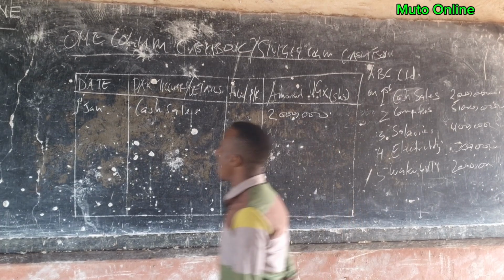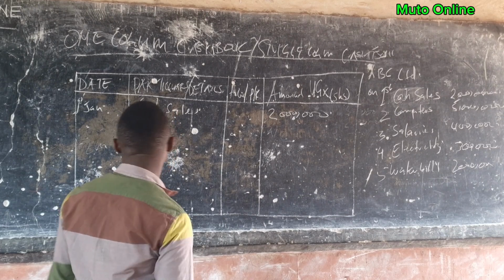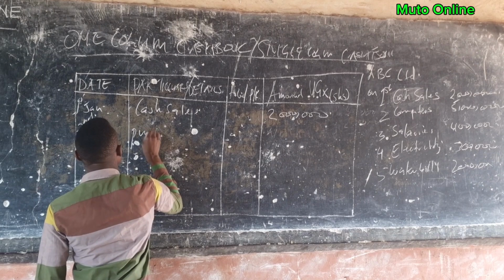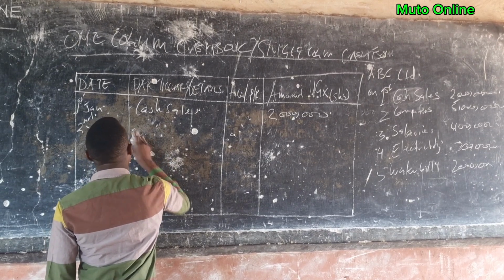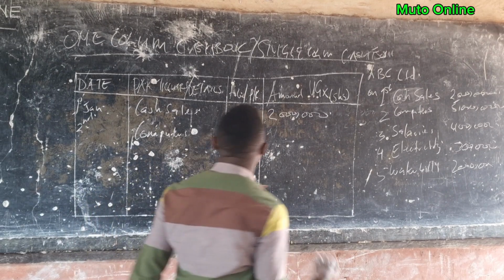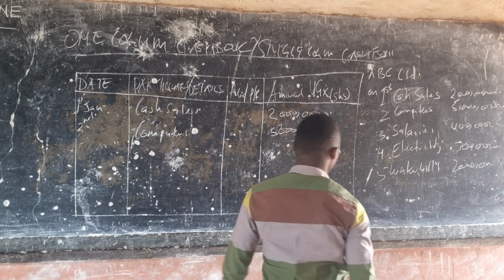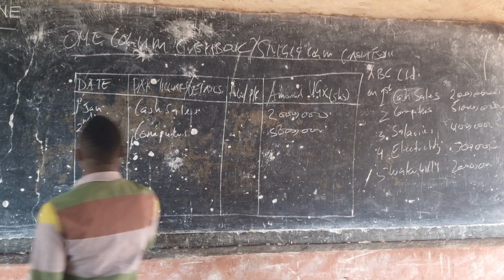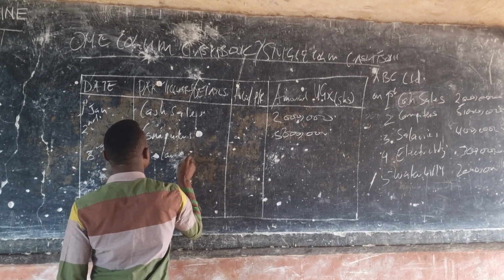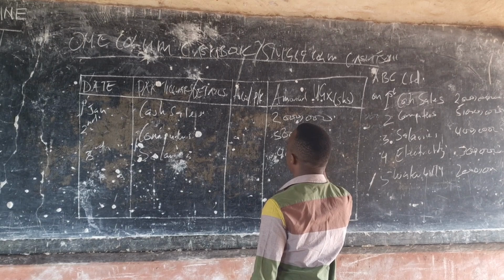And then on second, purchased computers worth 5 million. Then on third, this business paid off its workers, their salaries amounting to 400,000.